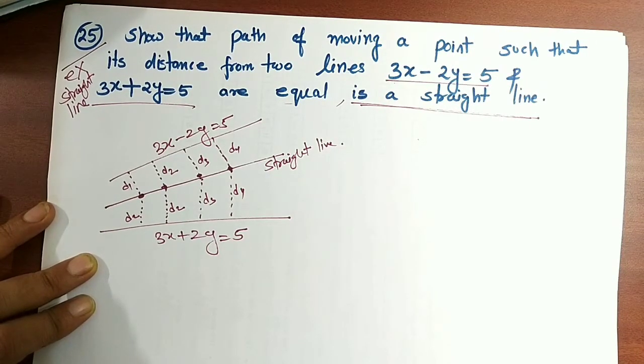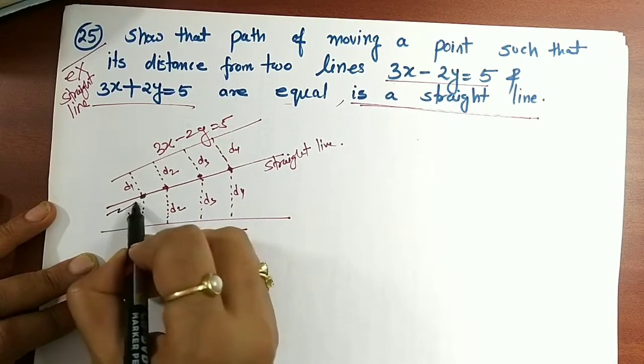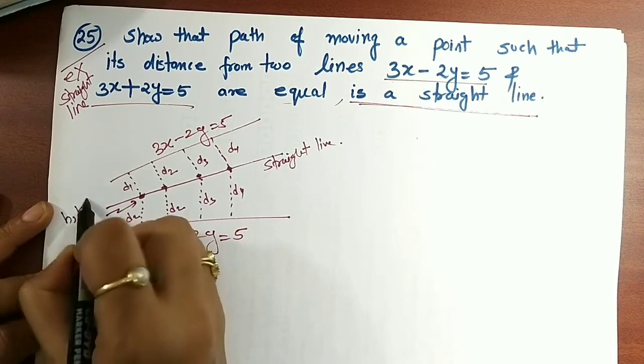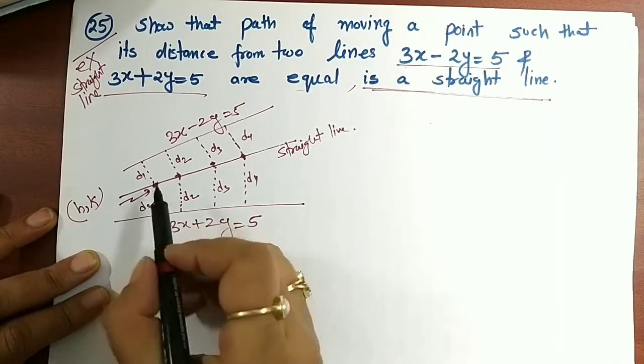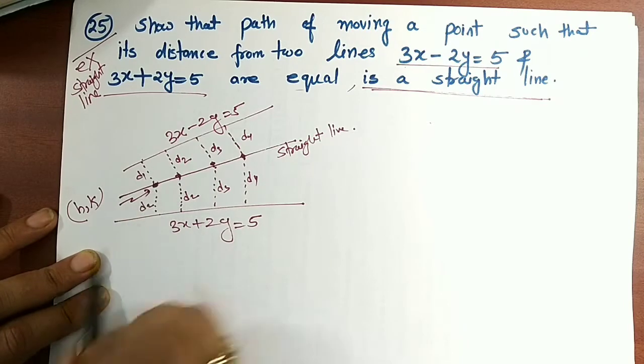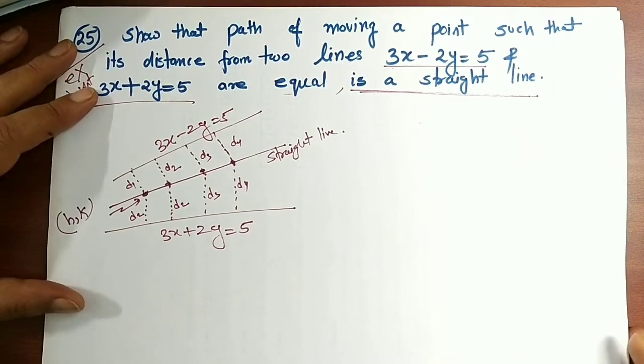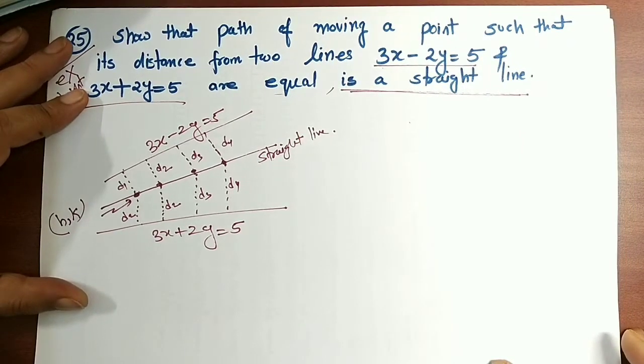Okay. So what I will do, I will assume that this point is h comma k, the general point. So I will take the distance of hk from this line and hk from this line and I will say that they are equal and see what conclusion we will get.